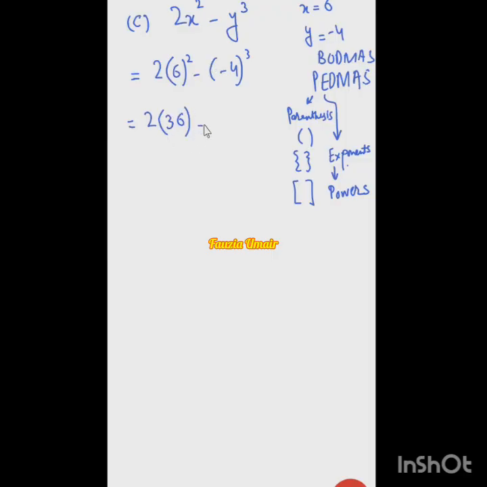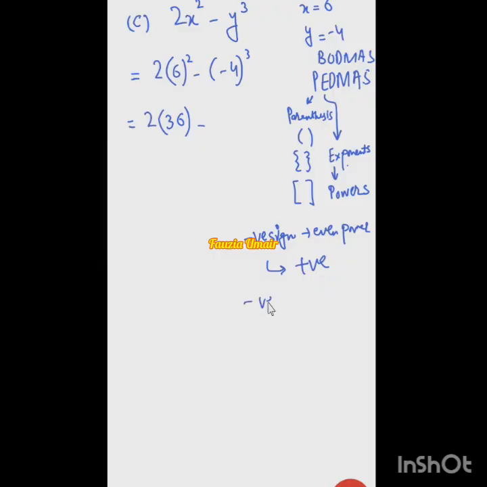36. Minus. Now we need to deal with two things. First of all, this is a cube of minus sign and the 4. So you have to remember this, Zainab. If there is a negative sign and even power, the answer is positive, right?